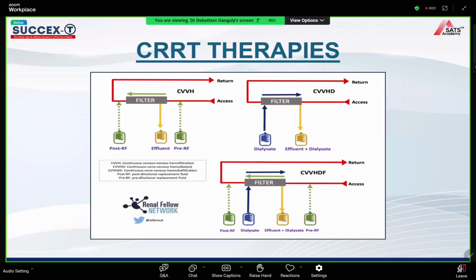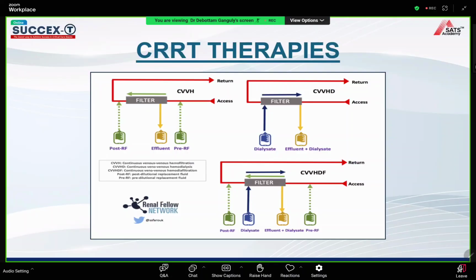Now, what is dialysate and what is replacement fluid? Any fluid used on the opposite side of the filter is known as dialysate in the case of hemodialysis. Usually it is a crystalloid solution. As I told earlier, dialysis is a diffusion method, so there is a concentration-dependent exchange of solute.